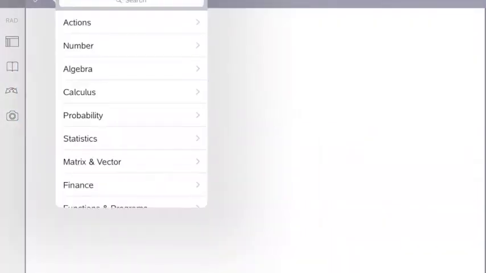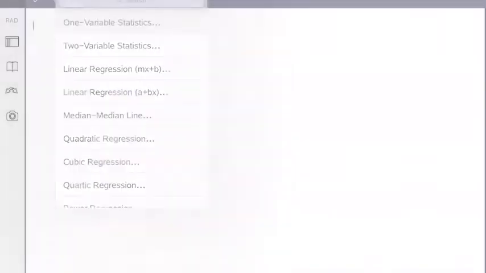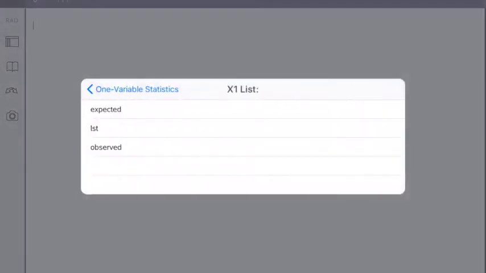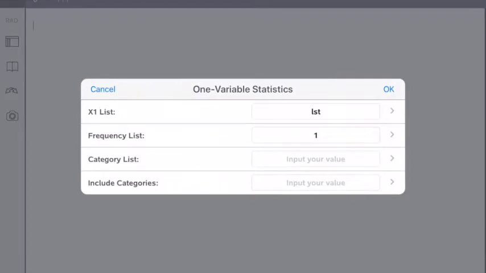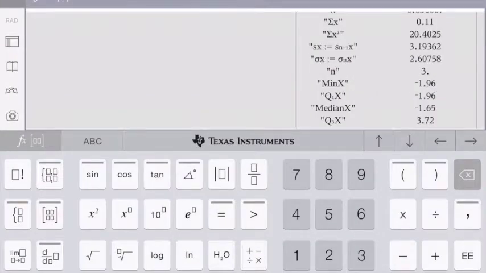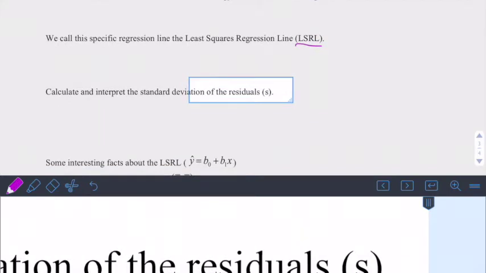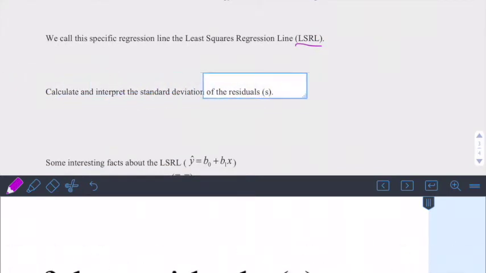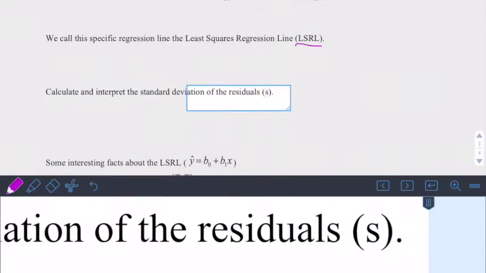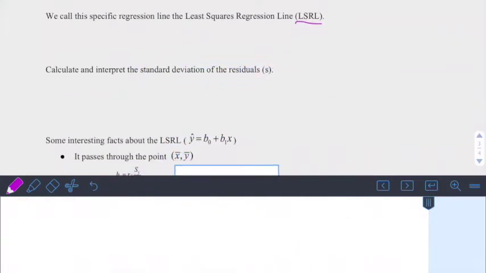We'll run our one variable stats on this, and then we're going to use all of them, so it's 2.6. So our standard deviation of the residuals is 2.6. We'll probably talk a little bit more about S in class, but basically when we do these calculations, we'll find S, the standard deviation of the residuals.